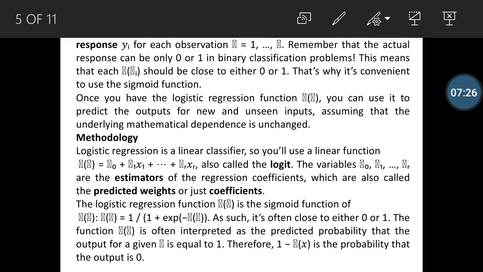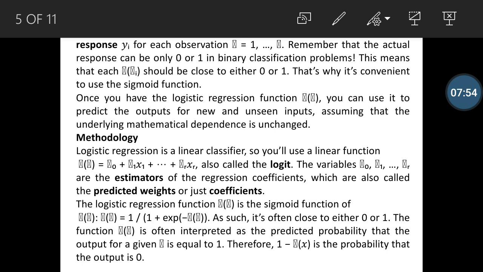The logistic regression function p(x) is the sigmoid function of f(x): p(x) is equal to 1 divided by 1 plus exponential of minus f(x).